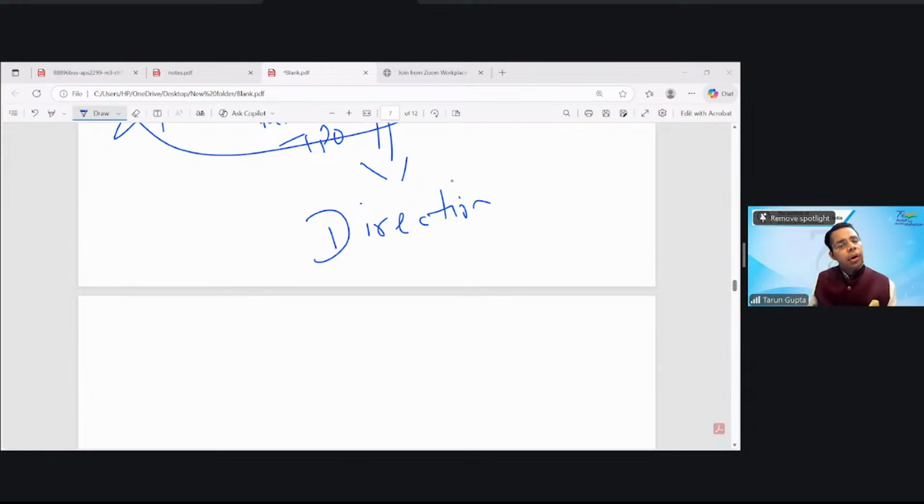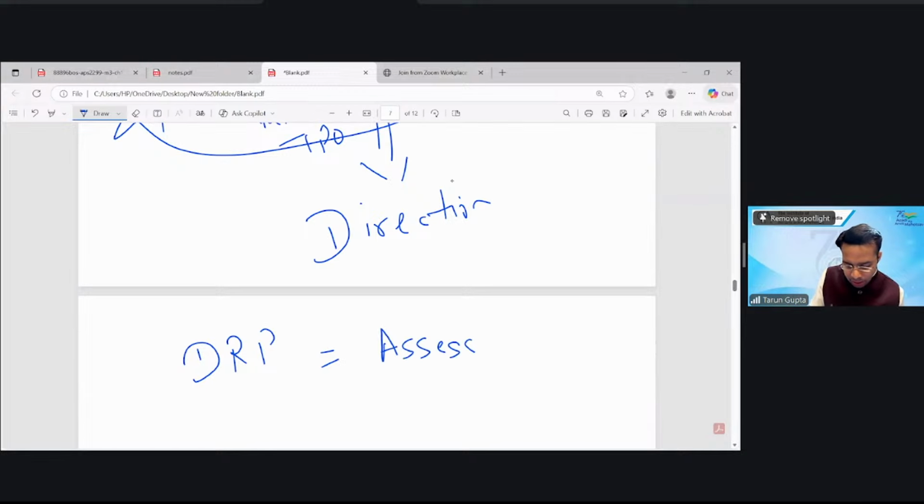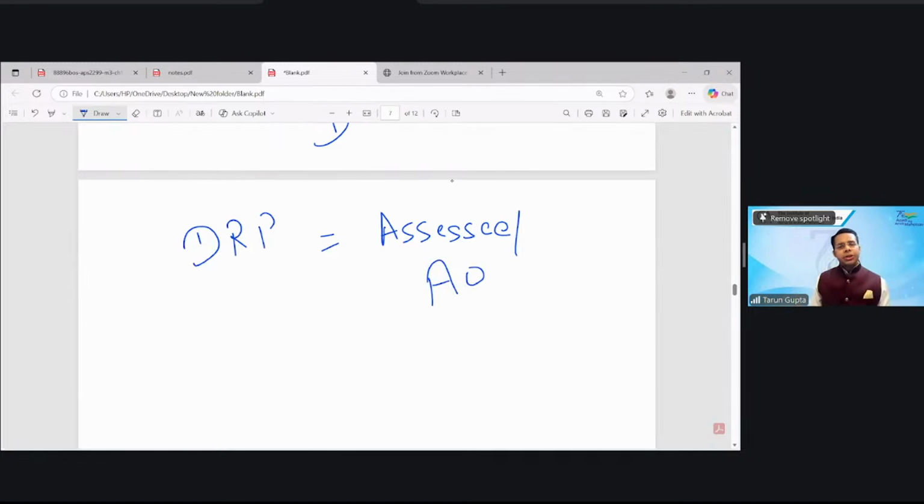So after hearing everybody, the DRP issues a direction. Before issuing a direction, it's mandatory that the DRP gives an opportunity of being heard to the assessee and the AO.